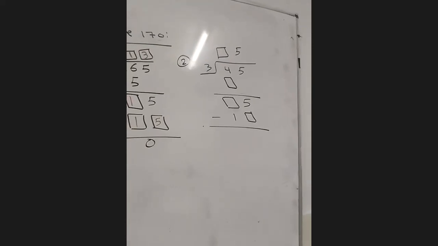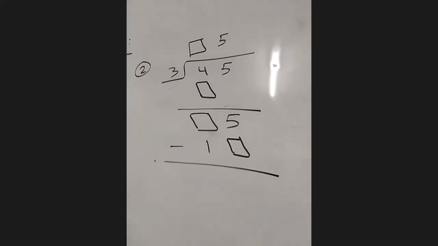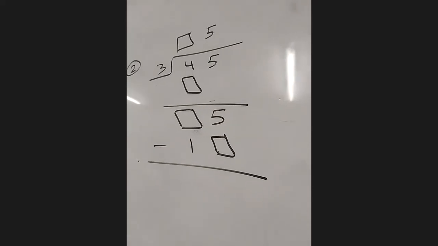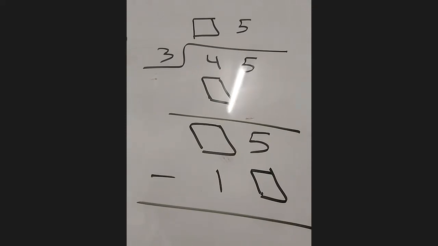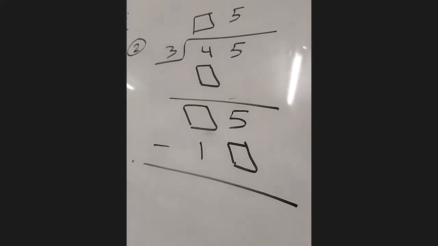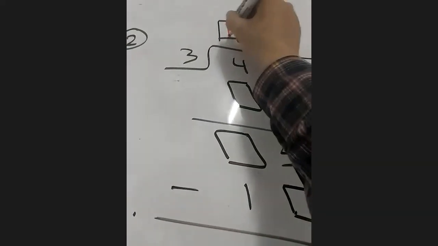Who can help me here? Abdullah Qassam, yeah. Yes, mister. Help me, Abdullah. Okay. 4 divided by 3 equals 1, because we don't have a number that multiplied by 3 makes 4. Good. So I will take what? 1.